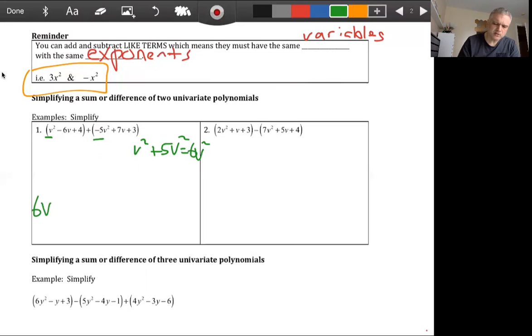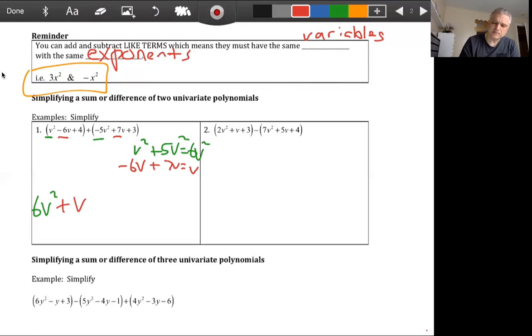Now the second term here is a minus 6v, and there is a like term over here, plus 7v. So negative 6v plus positive 7v. Well, if you add those together, negative 6 plus 7 is 1. So that's just 1v, and it's positive. So I know in my answer, there's a plus 1v.